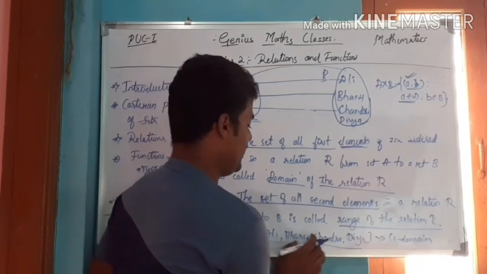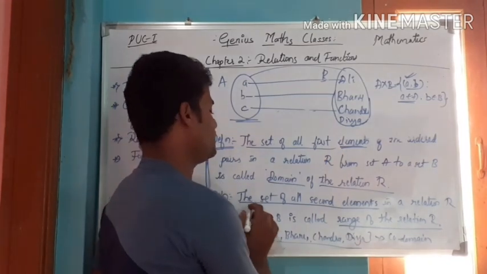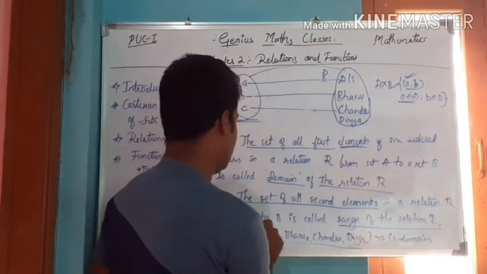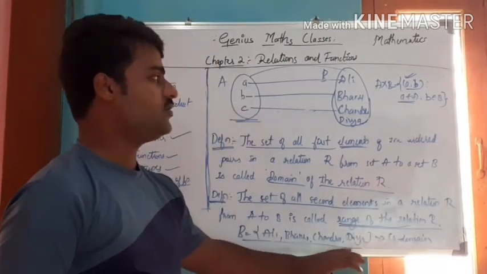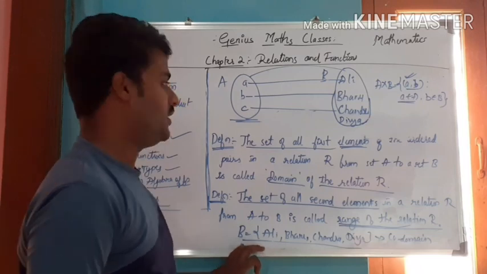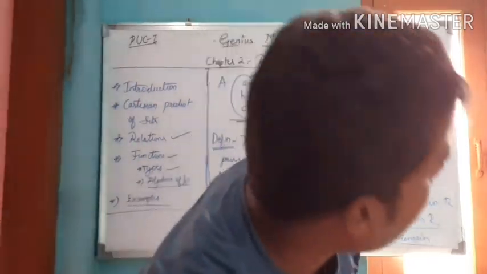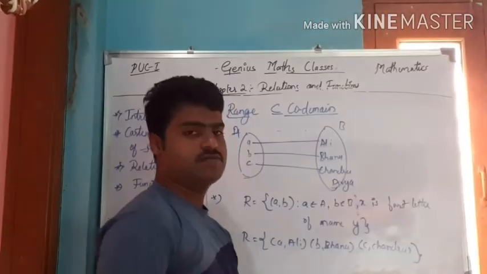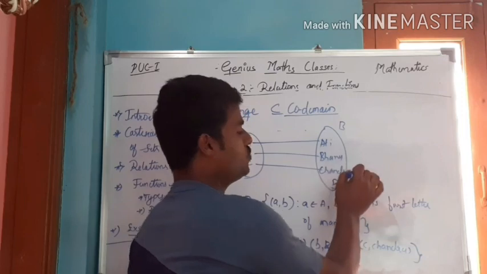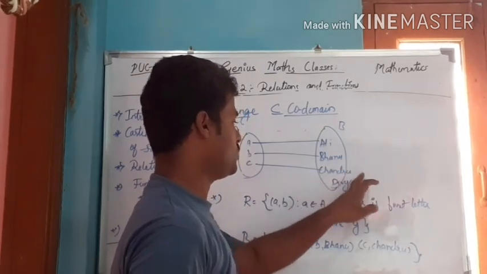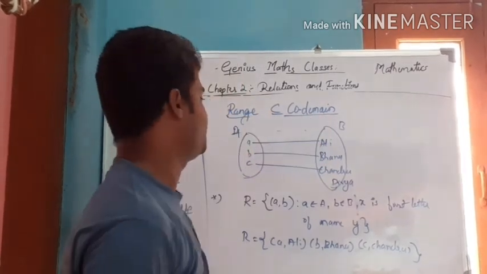Whereas only the images of the ordered pairs, that is the second elements, all the second elements in relation R from A to B, are called the range of the relation R. All the elements in set B are called the codomain. Always remember that the range set is always a subset of the codomain. Here the range set is Ali, Banu, Chandru, and the codomain is Ali, Banu, Chandru, Divya.